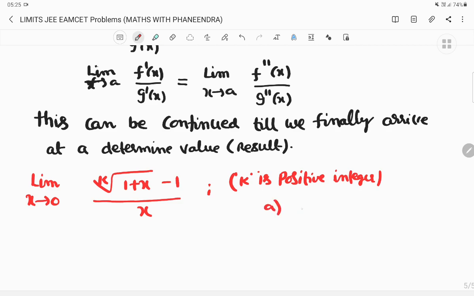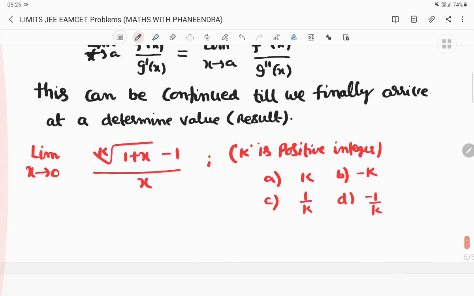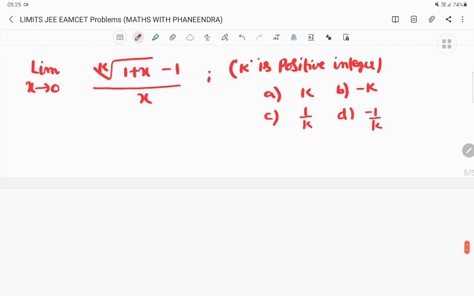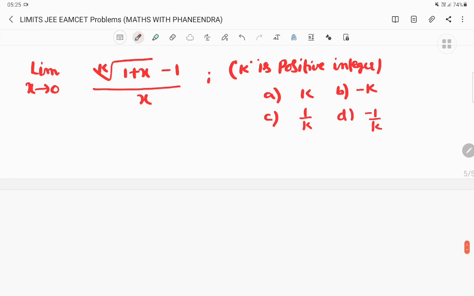So options are k, minus k, 1 by k, minus 1 by k. So how are we going to apply the L'Hospital rule for this?